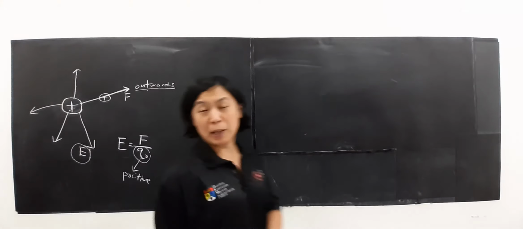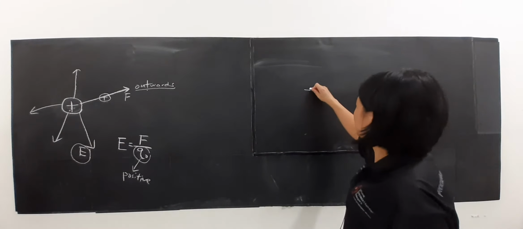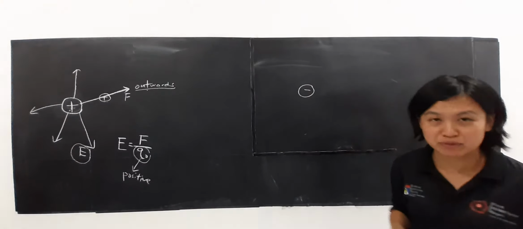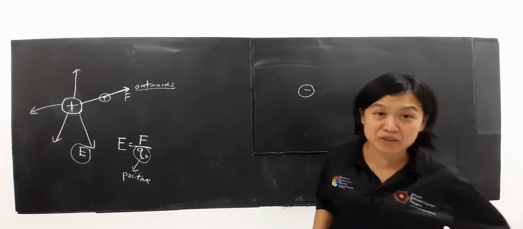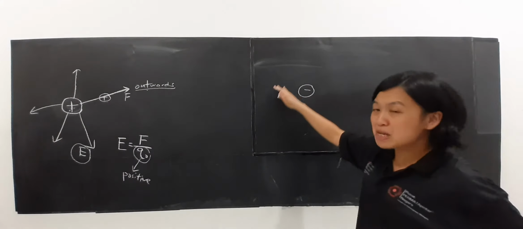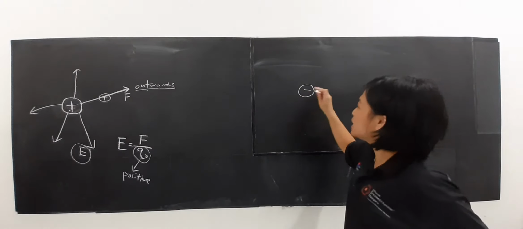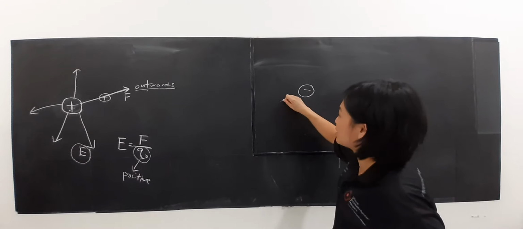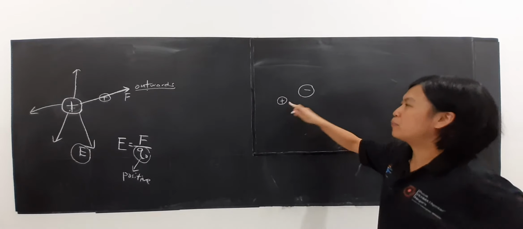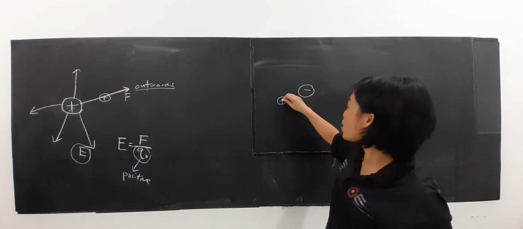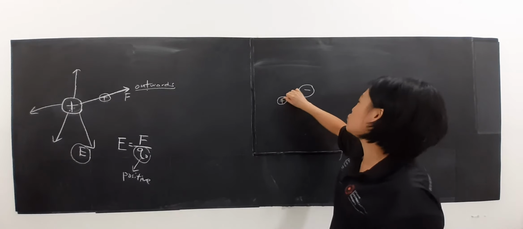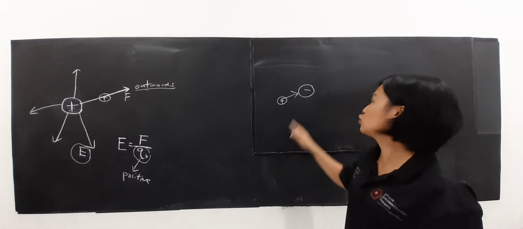But what happens if you are given a negative point charge? Same thing, because of the definition of electric field, at any point surrounding the negative point charge I put a positive test charge. Positive and negative, this charge will always be attracted towards here.